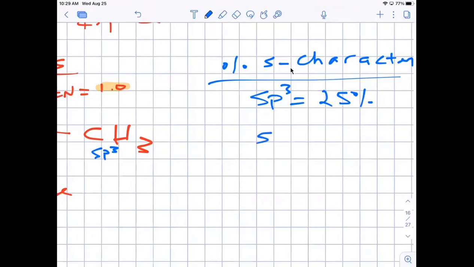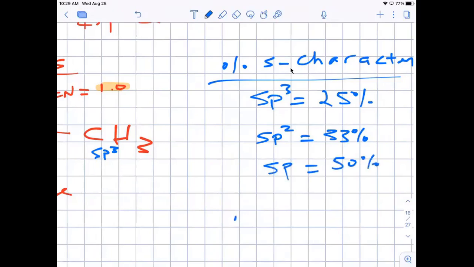If it's sp2, that would be 33 point something, a repeating decimal, 33.3333, whatever. But we'll just say 33% S. And then sp is 50% S. Right?